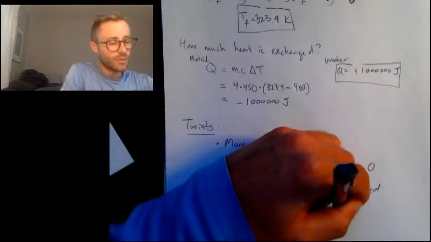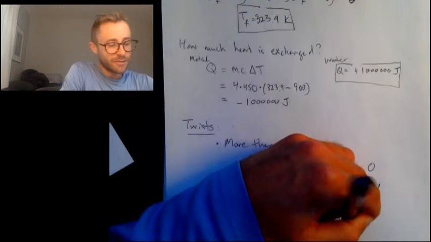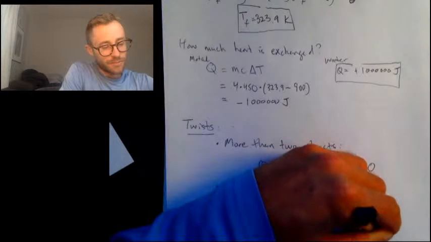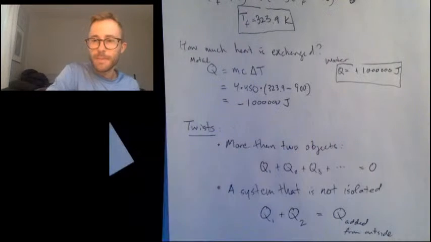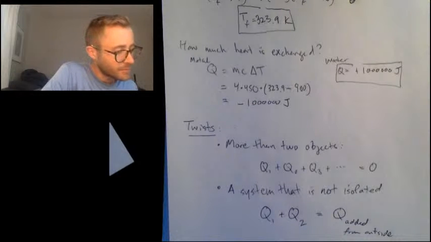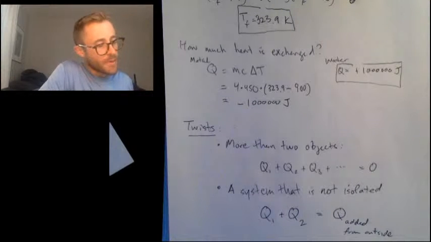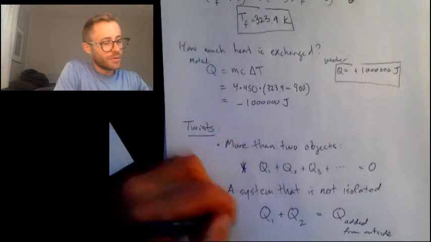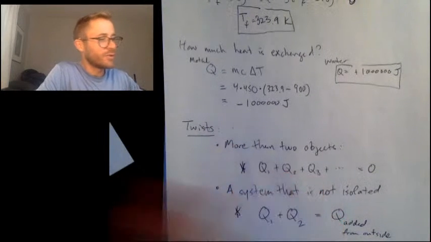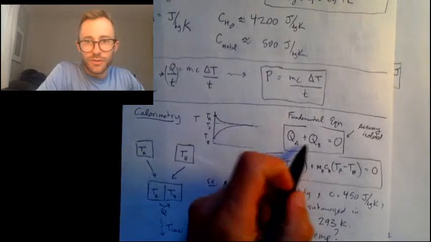Q1 plus Q2 will equal the heat added from the outside. So it's just the heat added from the outside. So you have homework problems that deal with each of these two cases. But if it's an isolated system and there's only 2 objects, then you're just using this equation right here.